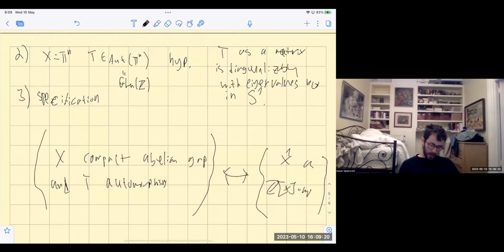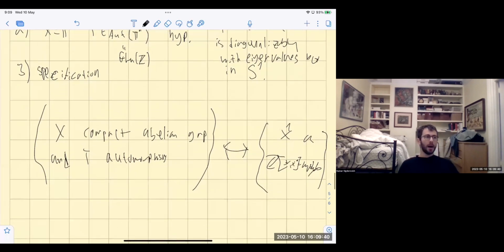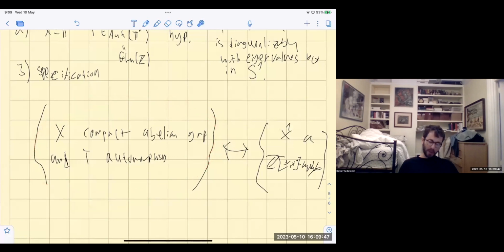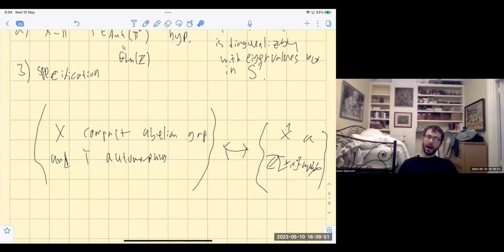The action of T corresponds to the action of this generator, x and x inverse. So there's a very nice correspondence between automorphisms of compact abelian groups and modules over this ring.